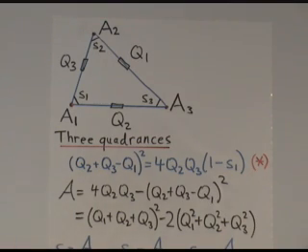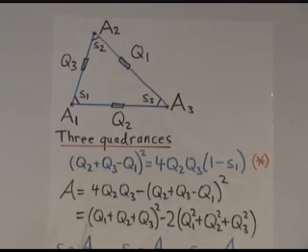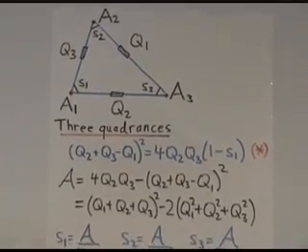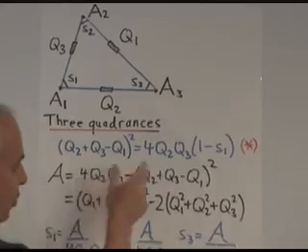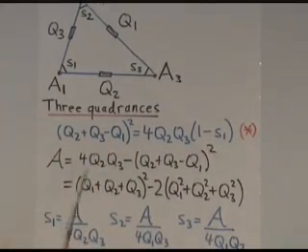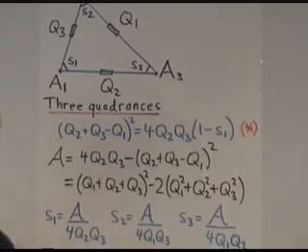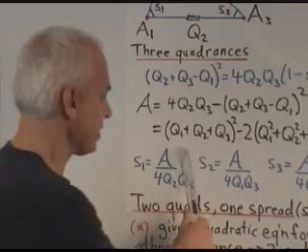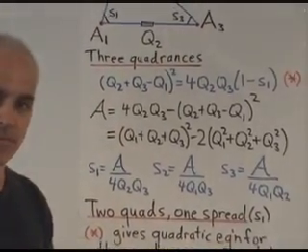Now there's an alternate way of thinking about things in terms of the quadrea, which is a restatement of this thing here. What we do is we look at the difference between 4Q2Q3 and the left-hand side. That's called the quadrea of the triangle, and let me remind you that's 16 times the square of the area. Here it is rewritten in a symmetrical form.